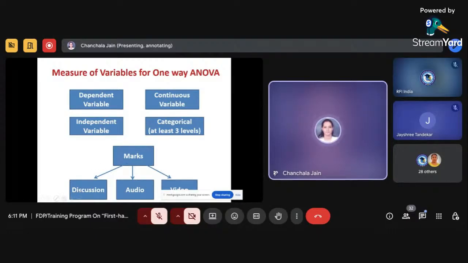In that case, we have three different groups or labels: discussion, audio, and video. So that way we can compare the marks of students who studied from discussion, from audio, from video. What is the mean score of these students, and is there a significant difference or no significant difference existing?